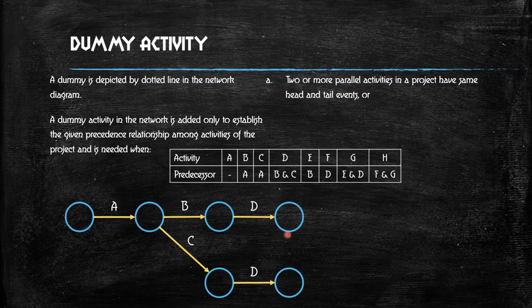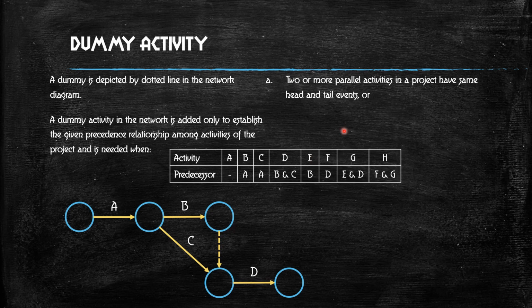So in this case, we will draw a dummy line from B to C, or C to B. But in this case, we are going to draw from B to C. I will explain why. So we'll draw a dummy line B to C. Now in this circle, it indicates that B is completed and C is also completed. So in this place we are drawing the circle D. Why don't we draw the dotted line from C to B?